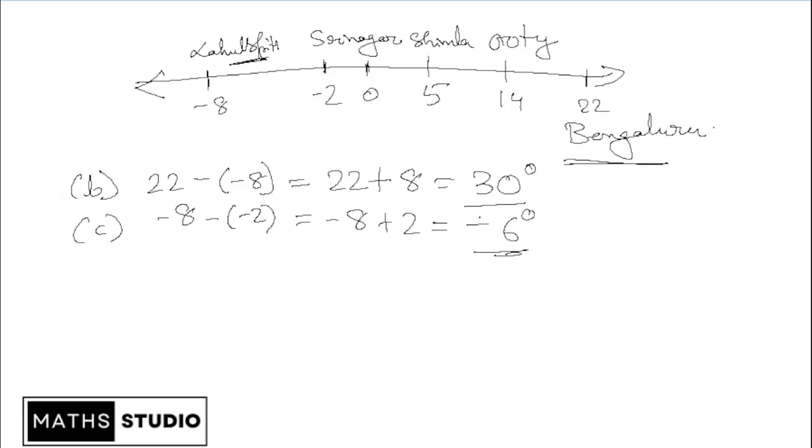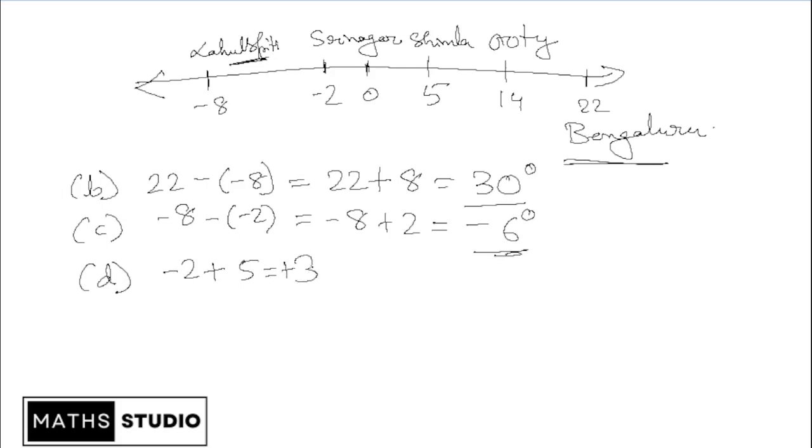Now, can we say the temperature of Srinagar and Shimla combined is lesser than that of Shimla? So, in question number D, what is the combined temperature of Srinagar and Shimla taken together? Srinagar is -2 plus Shimla is 5. That comes to +3.